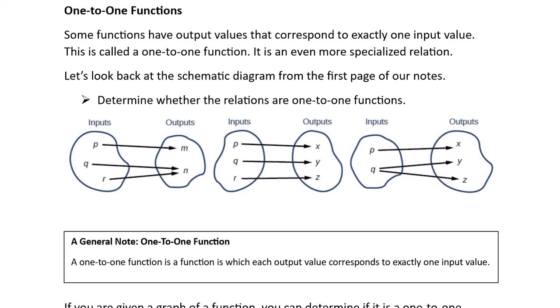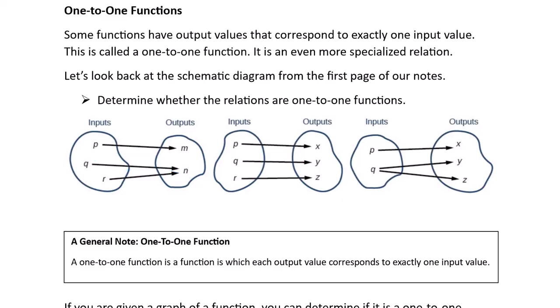Okay, so this is where we have a function where all the output values correspond to exactly one input value. So we have an output, and does it come from exactly one input? And yes, we have an output here, and does it come from exactly one input?